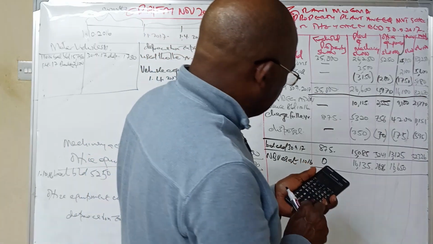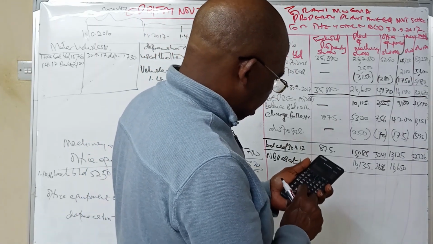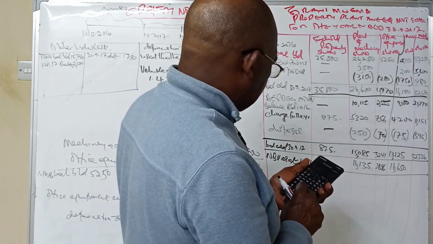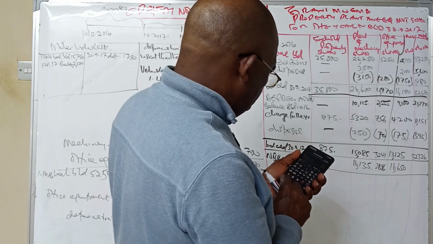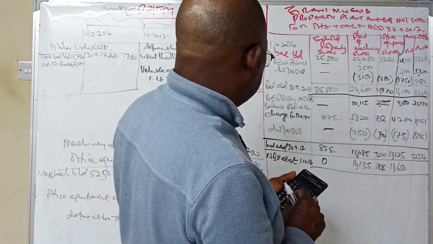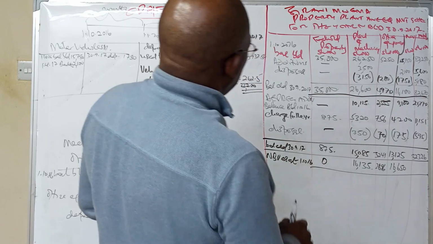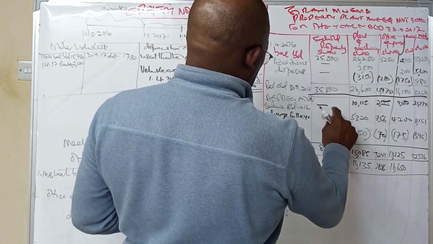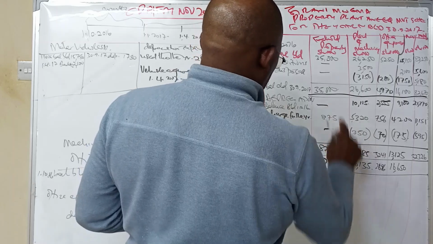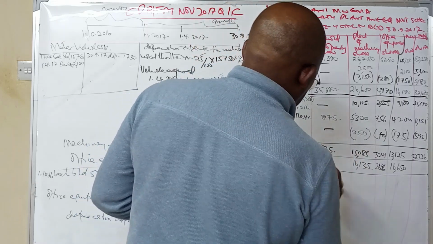Once again, add them up to get the net book value at the beginning of the year. So this cannot be 0. The opening balance was 35,000, but the accumulated depreciation at the beginning was 0. So this should be 35,000.